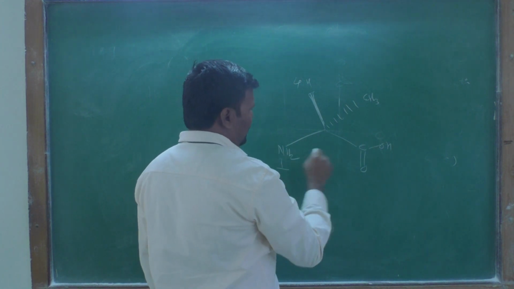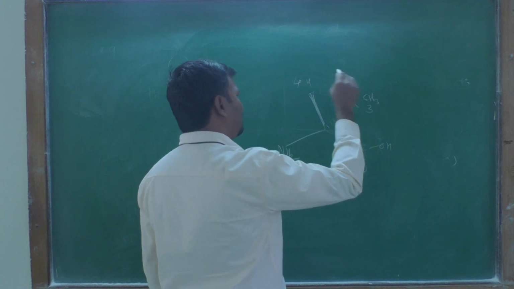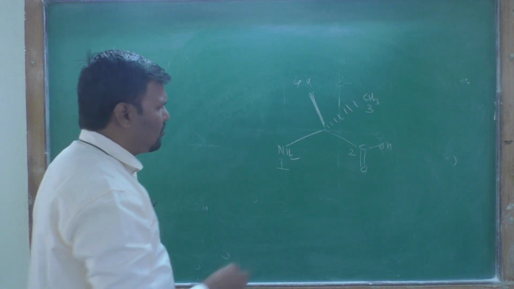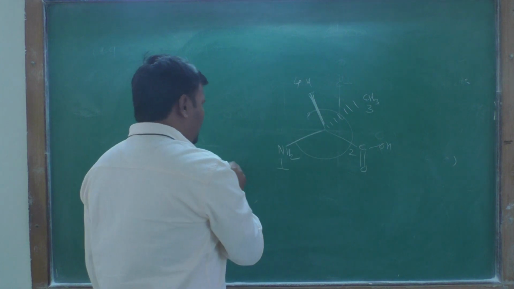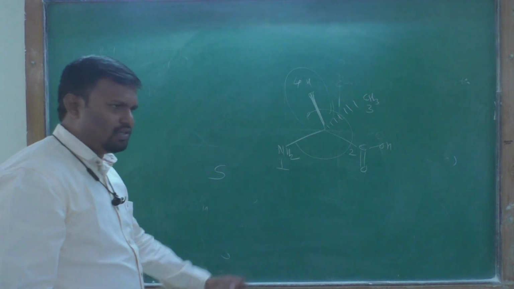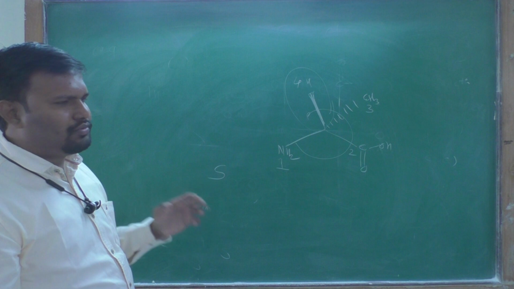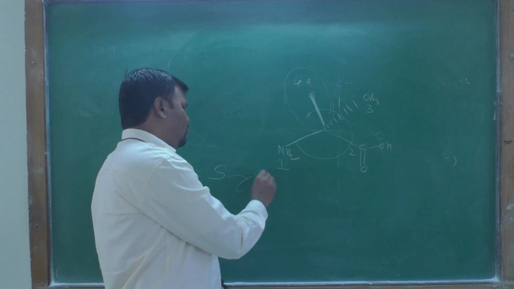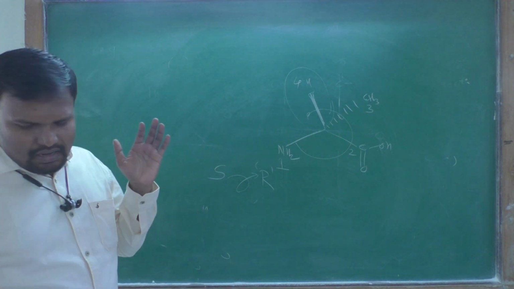Therefore the second priority goes to the COH group, and third priority goes to the methyl group, CH3 group. Therefore your rotation is 1, 2, 3, S configuration, but your fourth priority group is pointing towards the observer. According to our rule, your fourth priority group should be away from the observer. Therefore, in this case, S changes to R, and your configuration should be R.